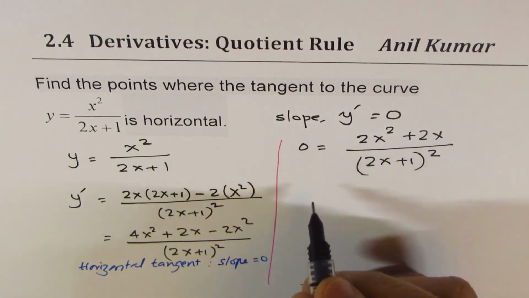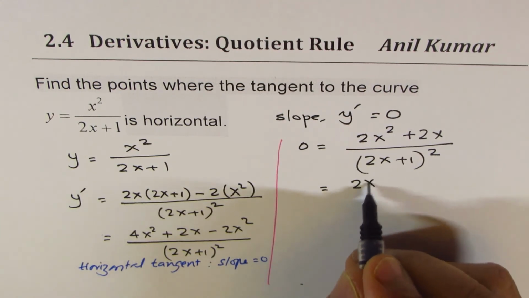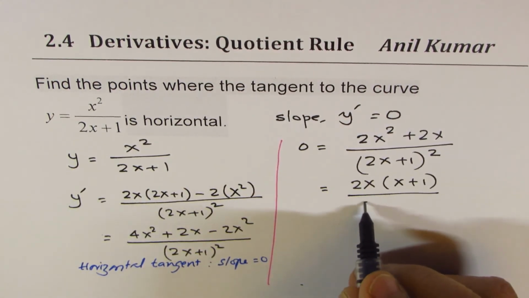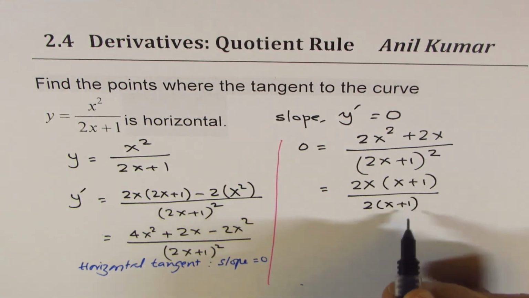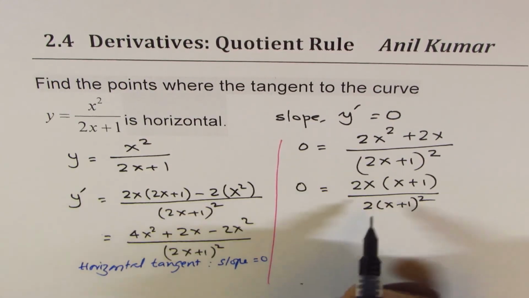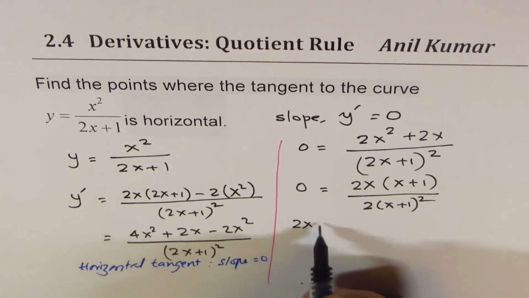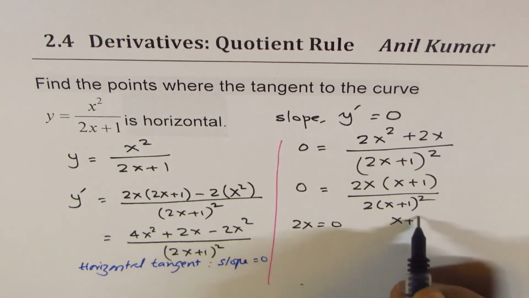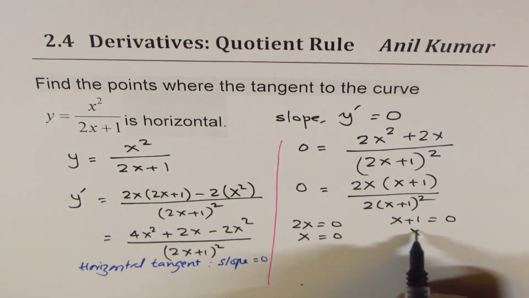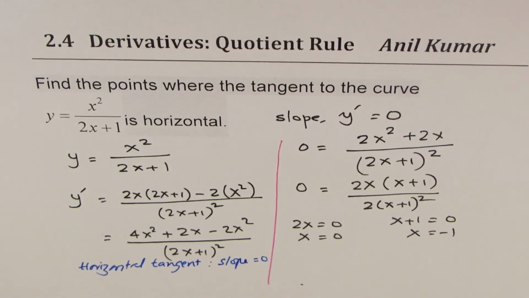Now you can take 2x common. So if I take 2x common, I got x plus 1 over 2x plus 1 whole square. Now to make it 0, either 2x is equals to 0 or x plus 1 equals to 0. 2x equals to 0 gives us x equals to 0. This gives us x equals to minus 1.